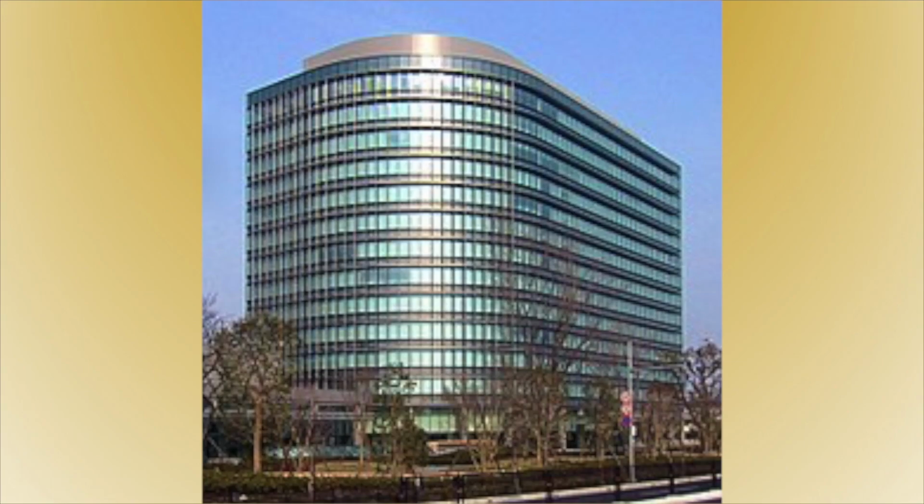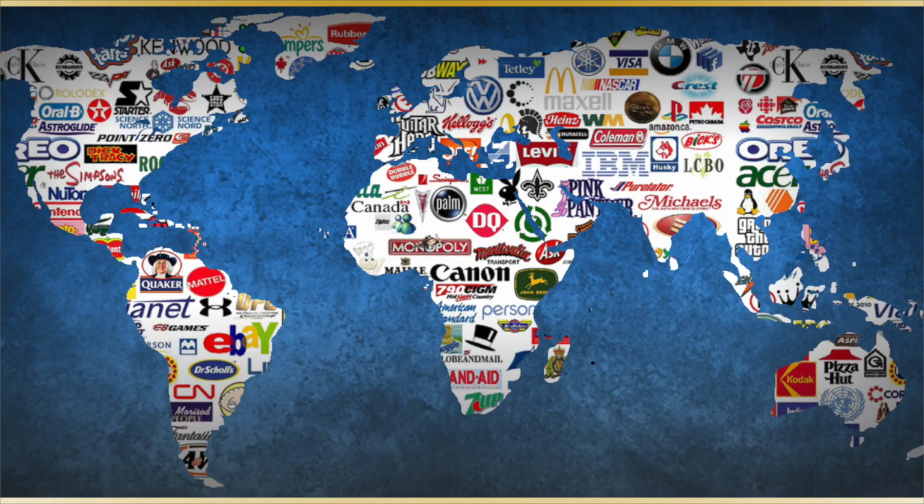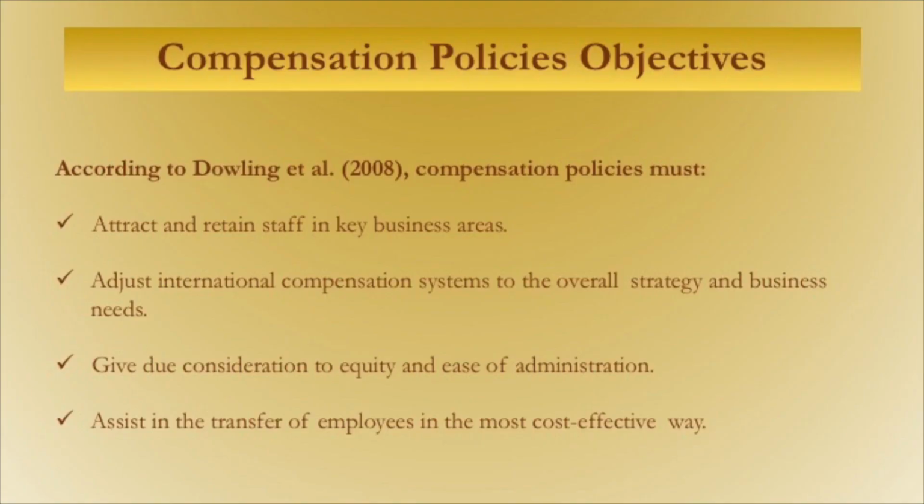Compensation systems must match the general business strategy and structure and business needs of the firm. Carefully consider the company's equity and administration. Help expatriates move, but in a most profitable way for the organization.